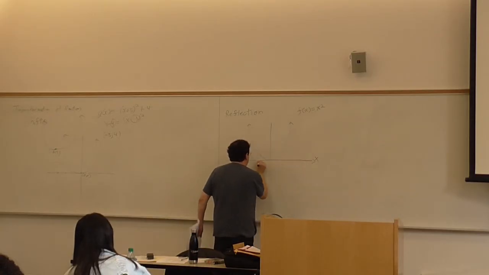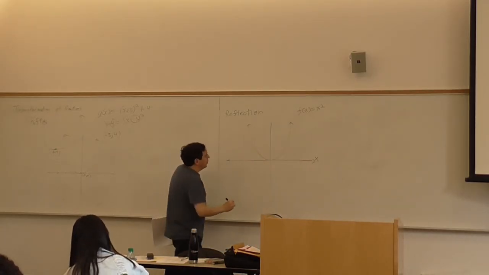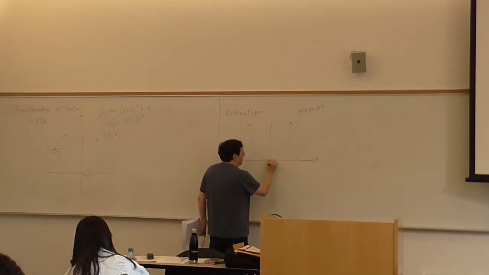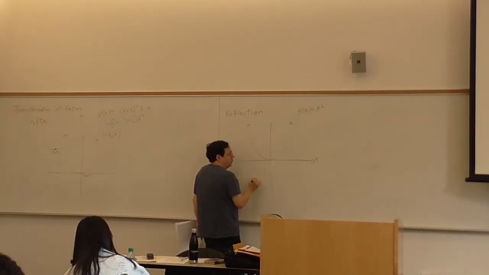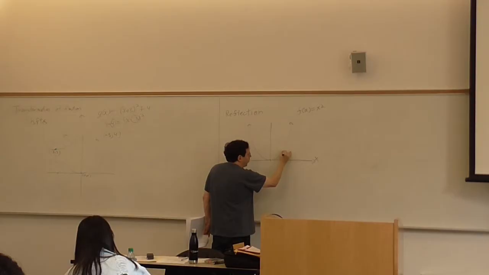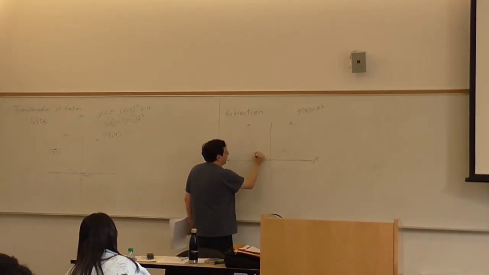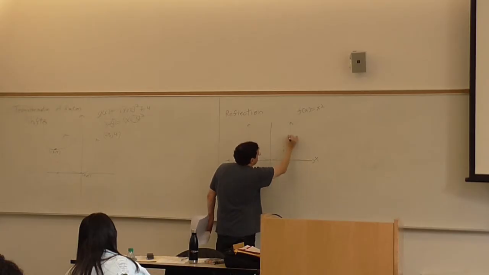We want to think of the x-axis as a mirror. So 0, 0 is on the mirror, so it's not going to go anywhere. But take the point 1, 1, it's going to move down here. Negative 1, 1, it's going to move down here, and so forth.